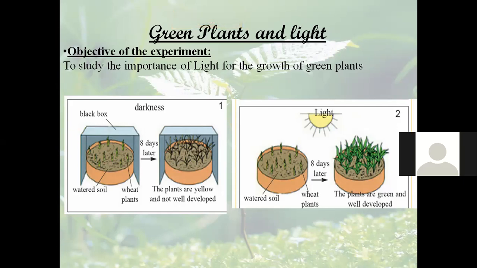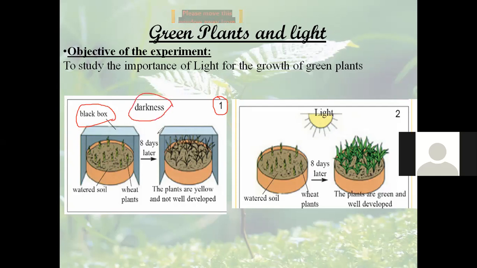Thank you. So in this experiment, we have to study the importance of light for the growth of green plants. We have two plants, A and B, or 1 and 2. Plant 1 is placed in darkness, inside a black box, an opaque one that does not allow light to pass through. We have water and normal conditions, but there is darkness.